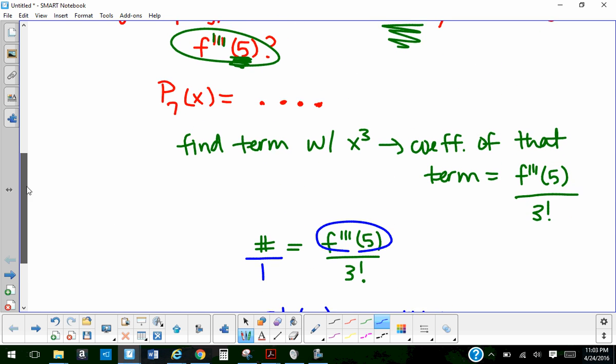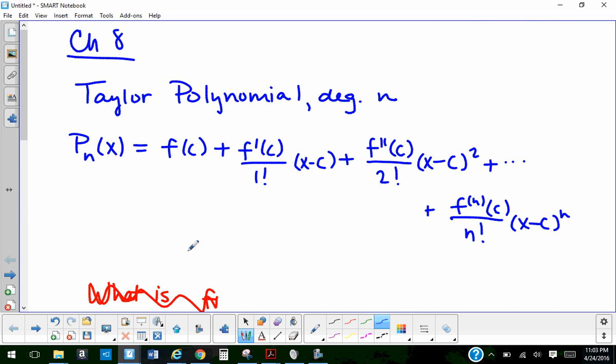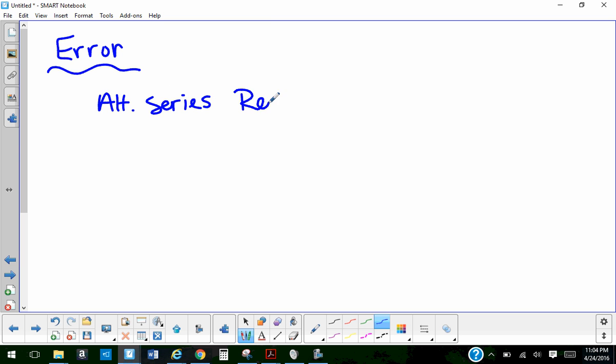Something else that comes up quite a bit that I know we've struggled with is using the remainder theorems to talk about error. If we take a look at error, there are two types that you're going to see. One deals with the alternating series remainder theorem. And to use that, you must have a convergent alternating series.